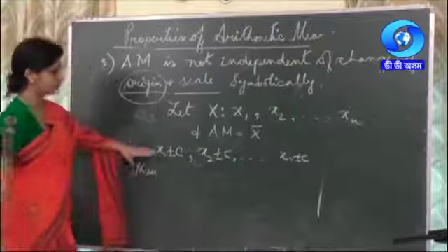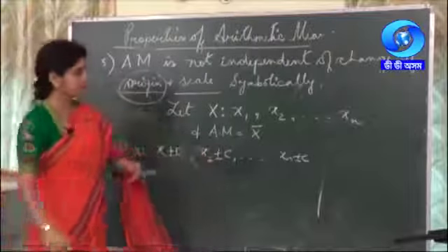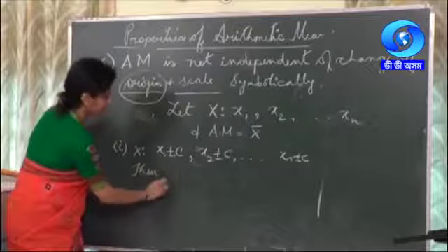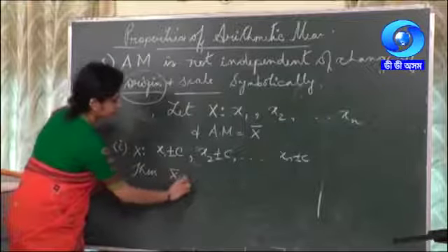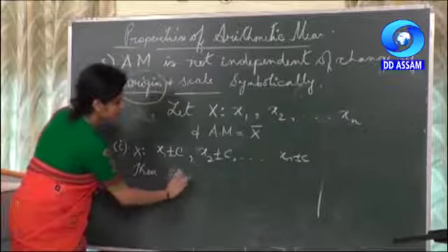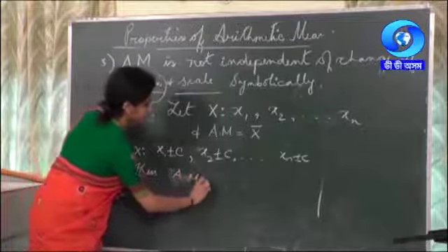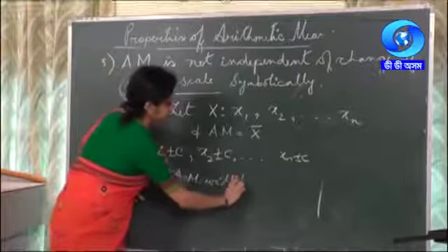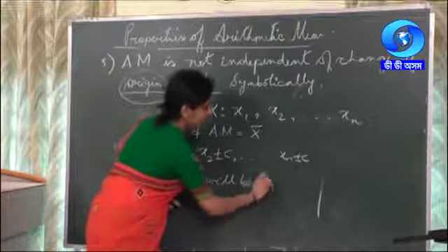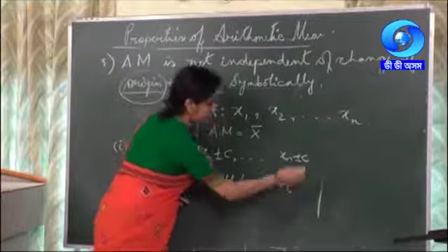Then for this new series, the arithmetic mean will be x bar plus c.